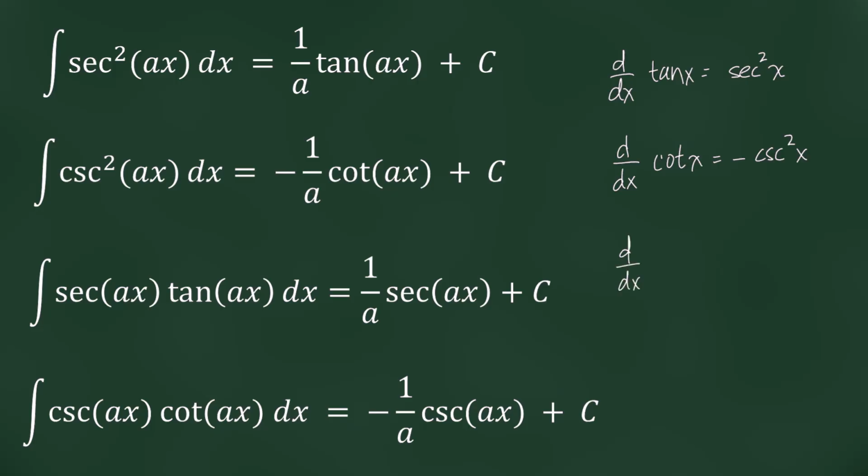The derivative of secant of x is secant x tangent x, and the derivative of cosecant of x is negative cosecant x cotangent x. All of those derivatives combined with a simple substitution will result in the formulas you see here.